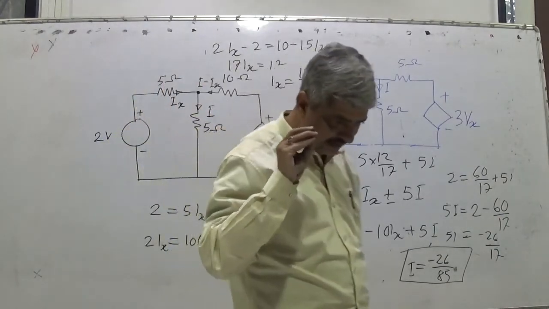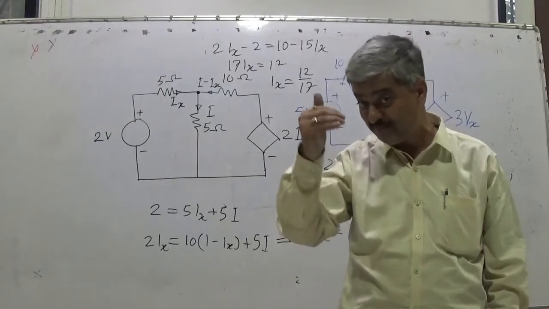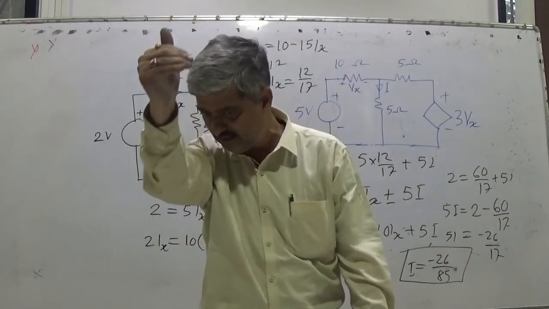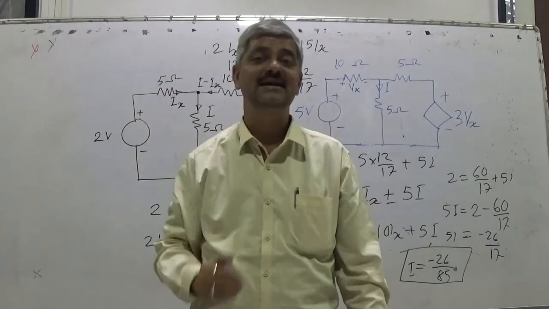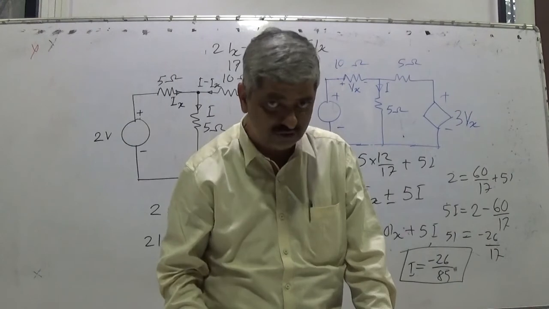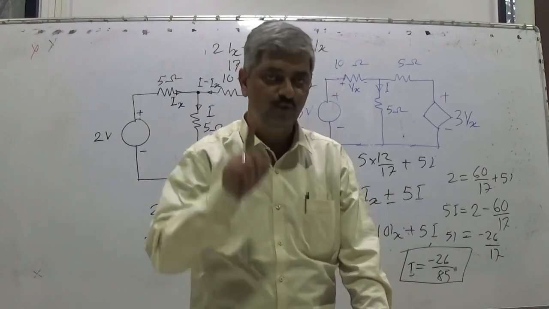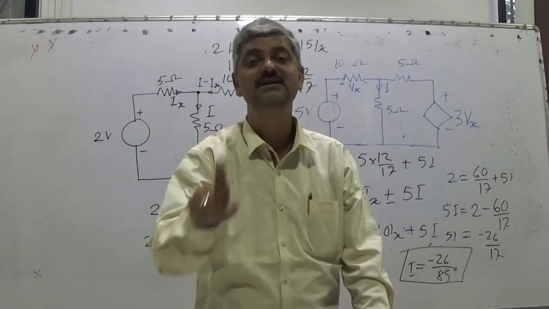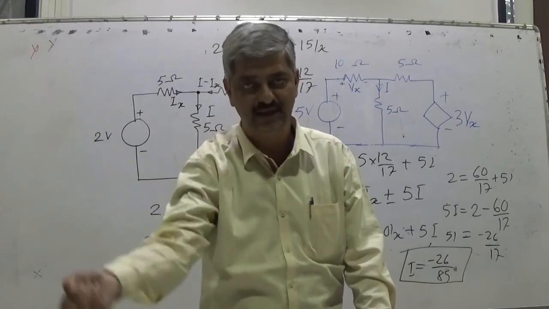So another thing which was kept pending, because it does not come sequentially in the flow, is the dependent source, dependent voltage source, dependent current source. The voltage of a dependent voltage source depends upon some other voltage or some other current.